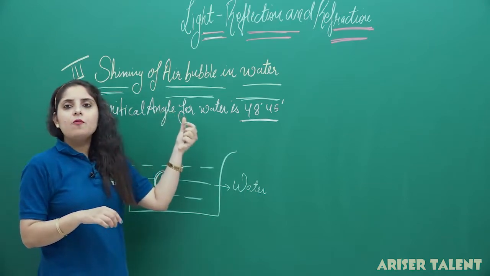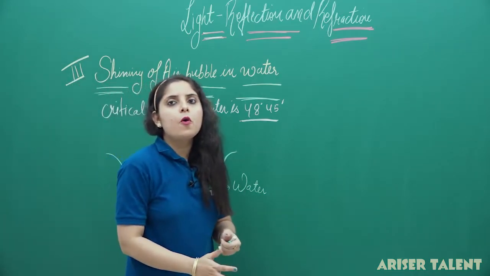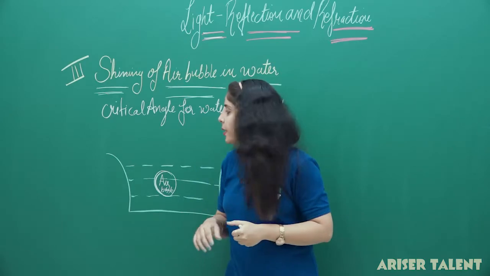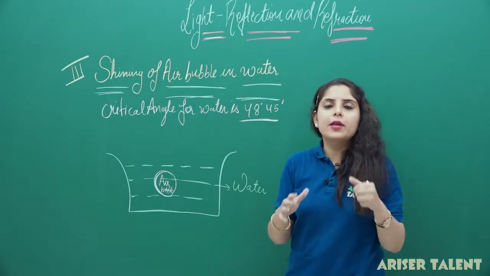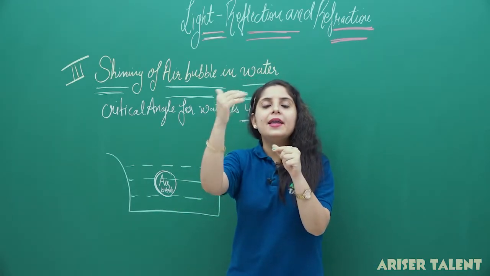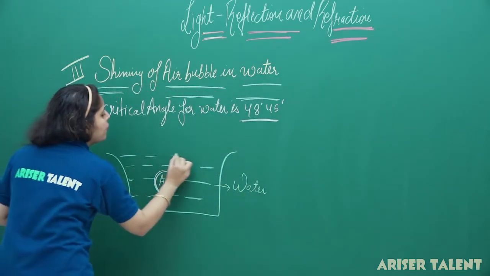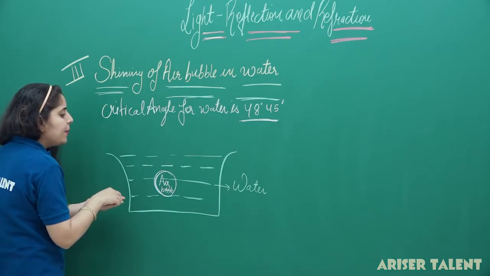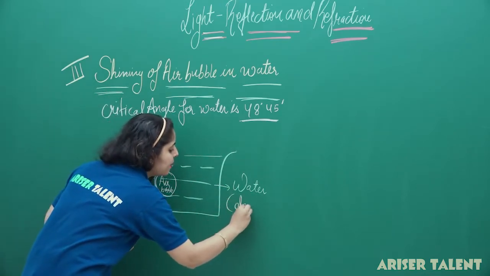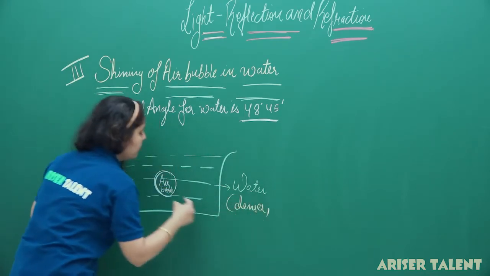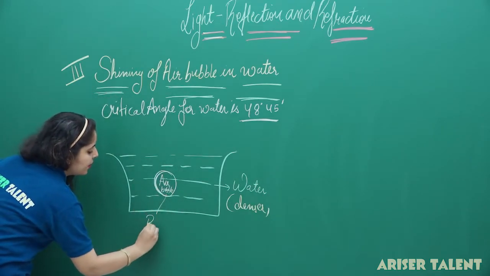When a ray of light is incident from denser to rarer medium, you can see how the light is going. Firstly, you have water and an air bubble inside it. So the light is going to travel from denser to rarer medium, because water is our denser medium and the air bubble is our rarer medium.